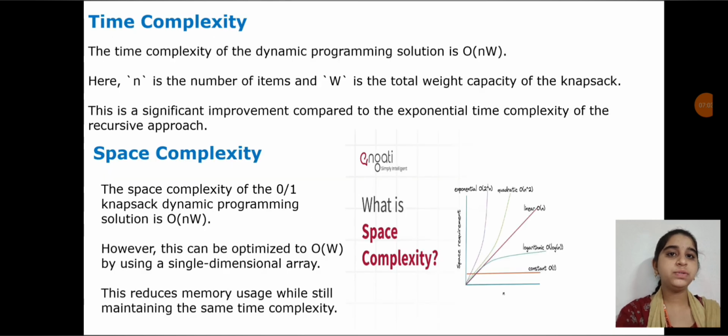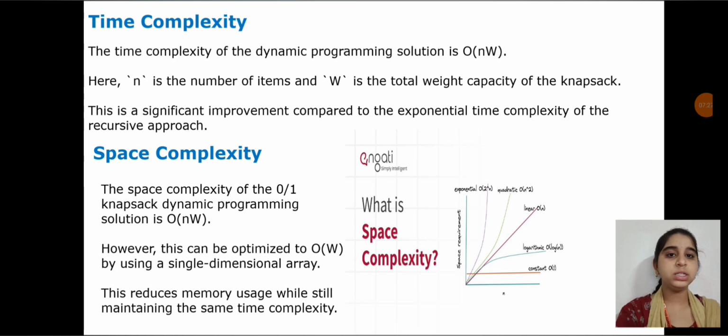Time complexity for the knapsack problem. The time complexity of the dynamic programming solution is O(NW). Here N is the number of items and W is the total weight capacity of the knapsack. This is a significant improvement compared to the exponential time complexity of the recursive approach.